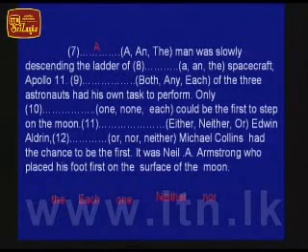Now we know that they were traveling in a spacecraft, so you may use the determiner the there. The spacecraft, because there was only one spacecraft on this journey. A man was slowly descending the ladder of the spacecraft Apollo 11. Now the name of the spacecraft is given to you, Apollo 11.